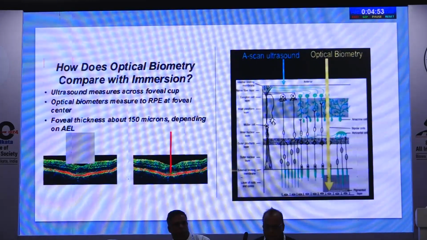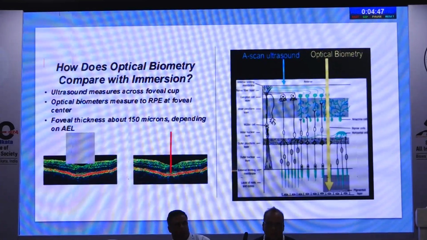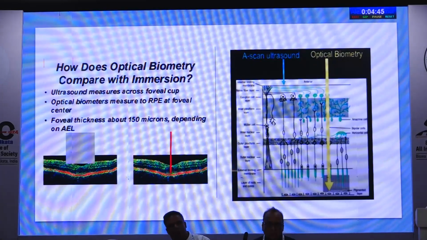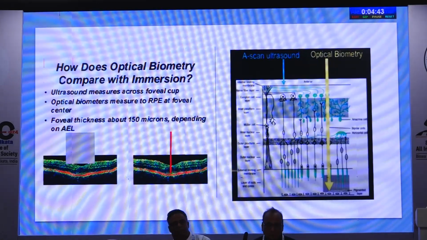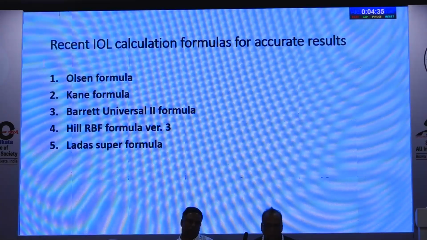But there is a difference in the measurement of axial length. In A-scan by ultrasound, we measure up to the foveal pit, but for optical biometry, we measure up to the retinal pigment epithelium layer. So the difference is 150 microns.